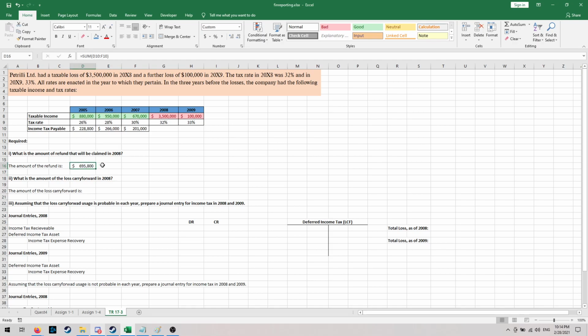in taxes. Next, we need to know what's the amount of the loss carry forward. How much of this $3.5 million loss is left over once we've covered all of these gains? Well, first we can total the amount of the gains.